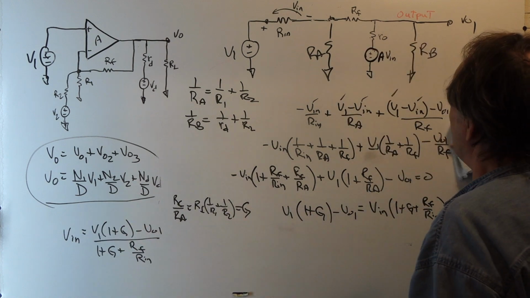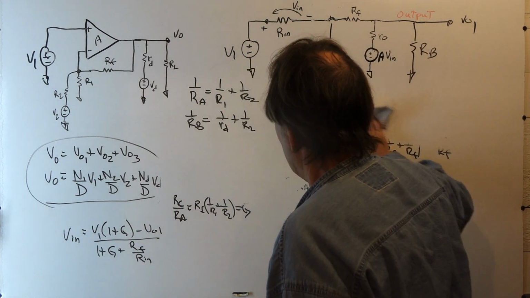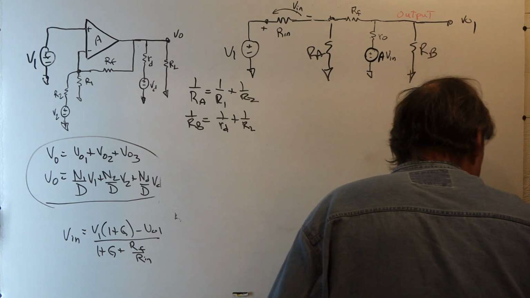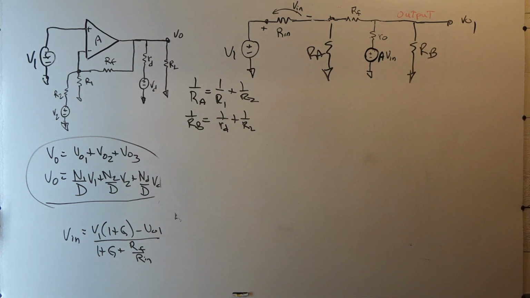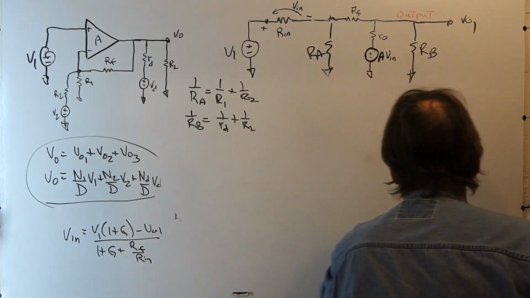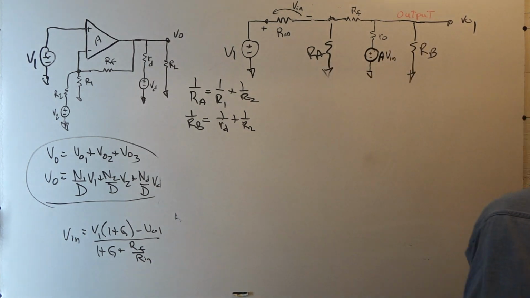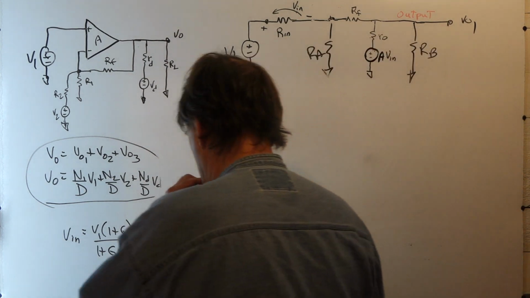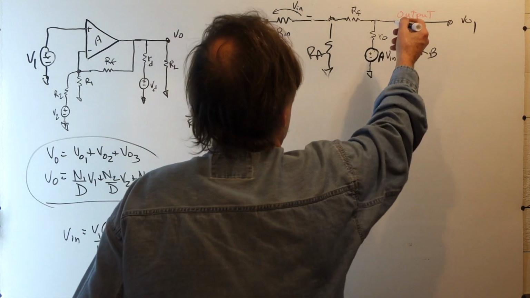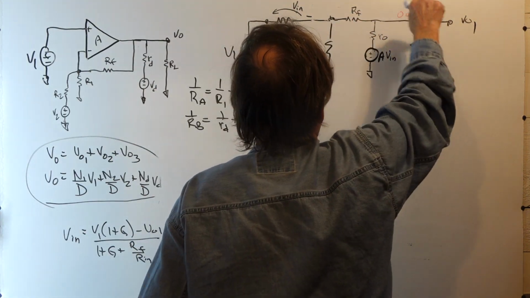Okay, so that's our input equation. We have Vn. Now we look at the output equation. So at the output node, we're going to take currents leaving as positive.